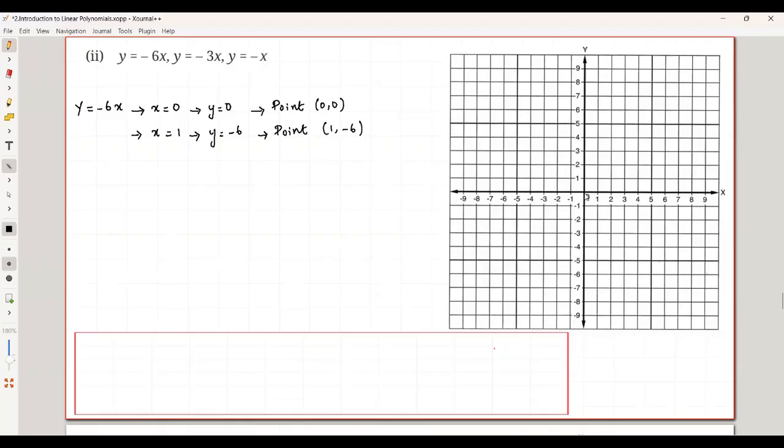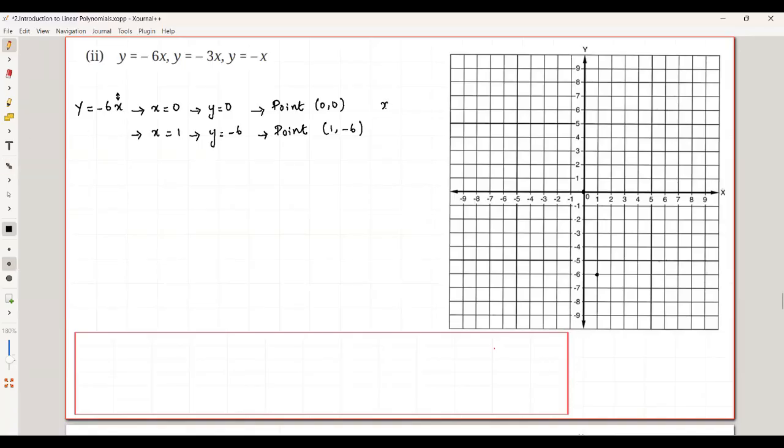Sorry, 0, 0 is the origin. Now 1, minus 6. This is 1 in the x coordinate, and minus 6 is here. This is my 1, minus 6. So I can just join them. In case you are finding it difficult, we can make a tabular column.